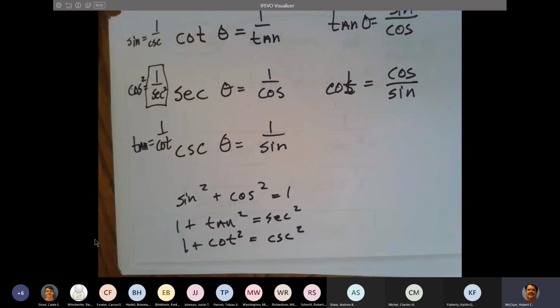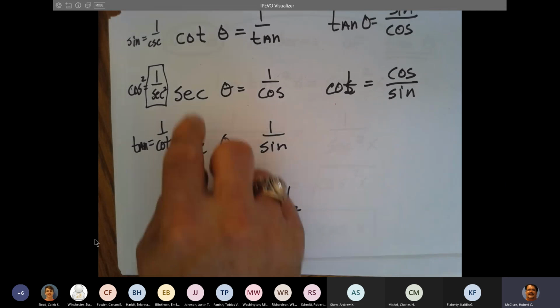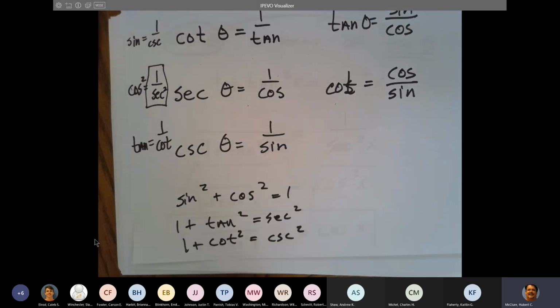So you kind of have to think, kind of like chess. You have to think a couple of moves ahead. This is not a problem I would have started out with. I would have started out with one a little bit easier with sine and cosine, but that's just me as a teacher.